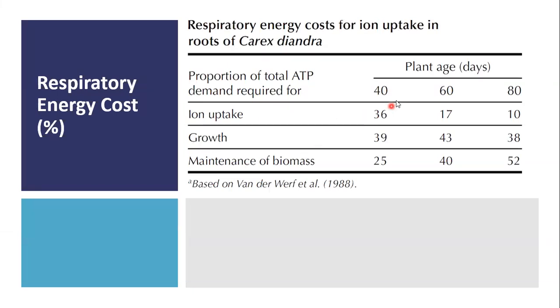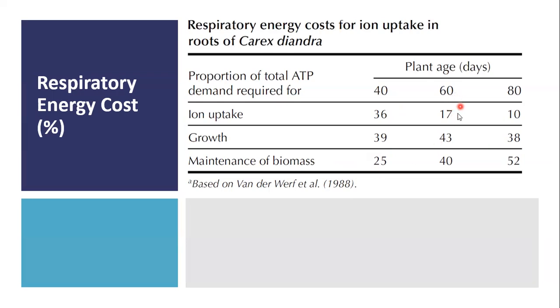So when the plant age is 40 days, ion uptake is more important. It means a larger proportion of ATP is used for ion uptake. Growth is also important at that stage, at 39, and the maintenance of biomass is 25, because the emphasis is more on growth, not on maintenance of biomass.